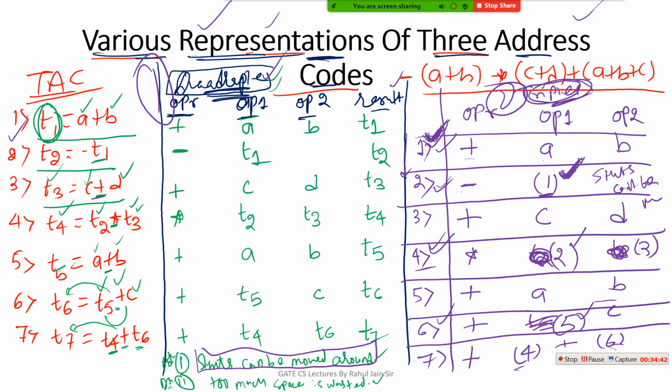These triples will get stored in memory, and in indirect triples, I will make a pointer to this one, a pointer to this two, this three, this four, this five, this 6, and this 7.